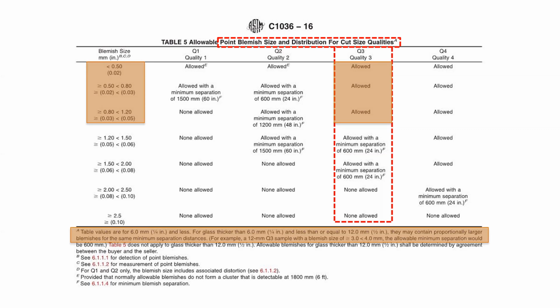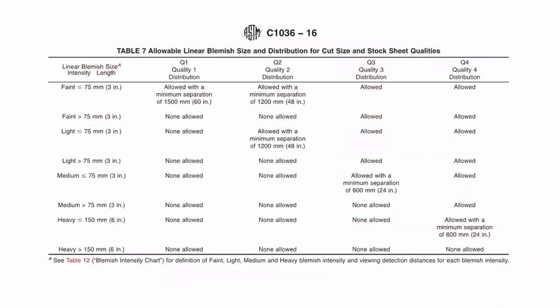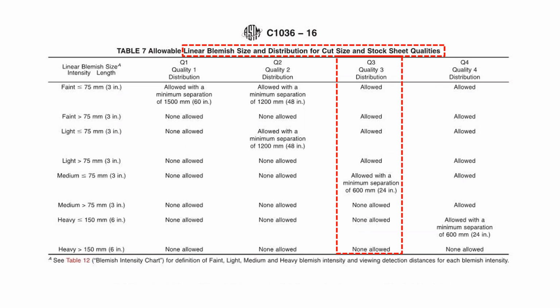Another thing we'd like to point out is this table is specifically set up for 1/4 inch glass. If the glass is thicker, then proportionally larger blemishes can be allowed for the same conditions. So that's something to be aware of. The second table lists allowable values for linear blemishes.